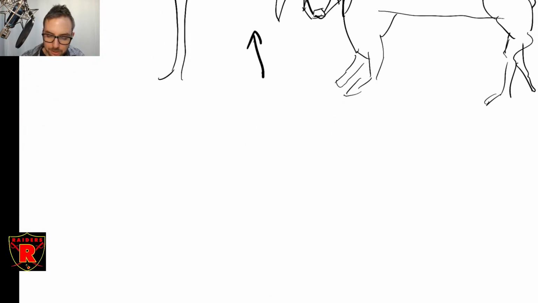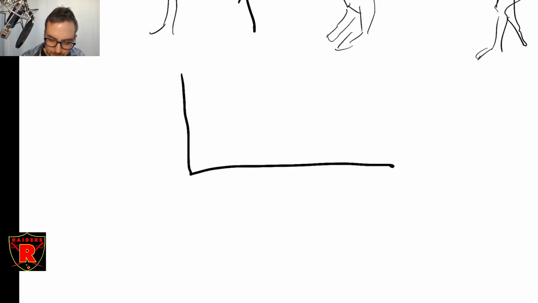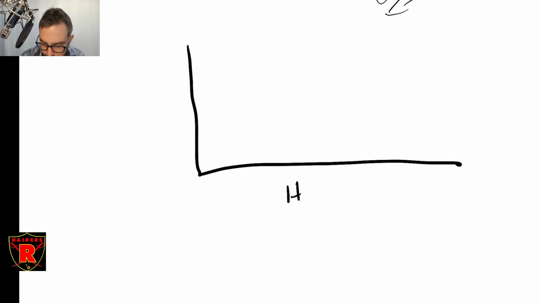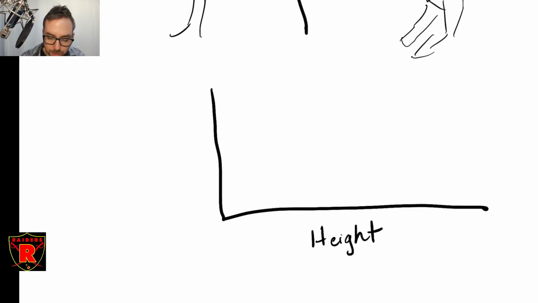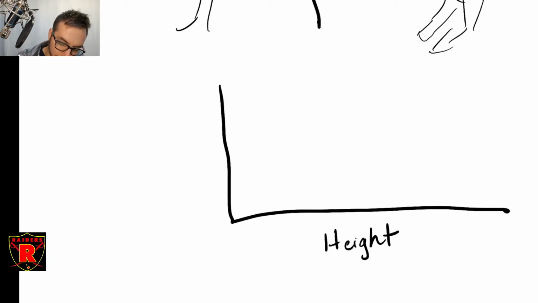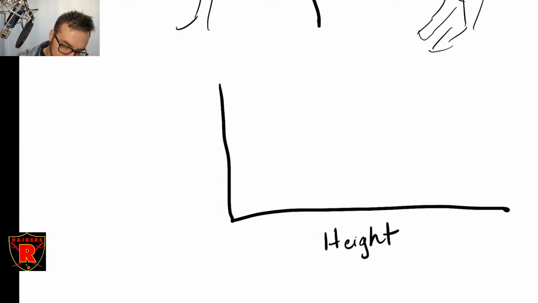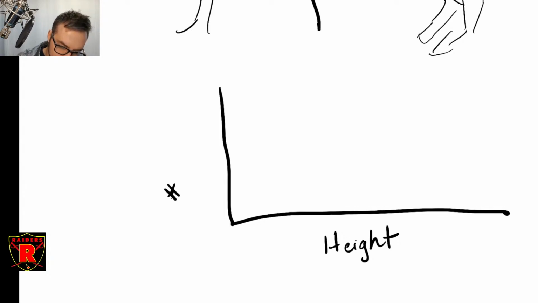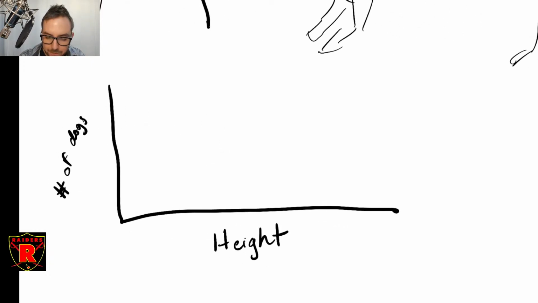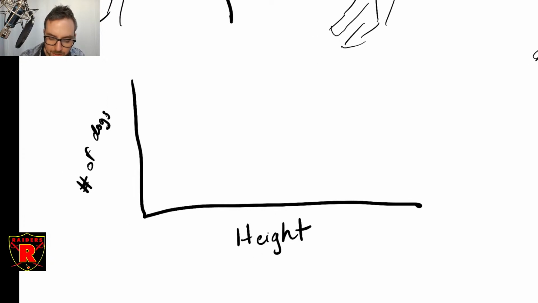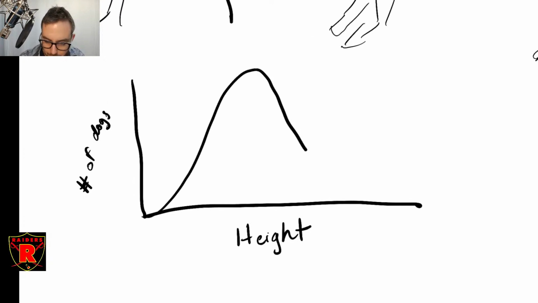But what that looks like is if you were to graph this in terms of survivability, and this is height down here, and you were to look at the distribution, this is the number of dogs in the population. If the population used to look like this, usually most traits in a population follow a normal curve.